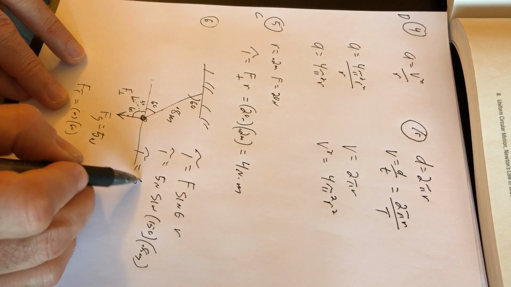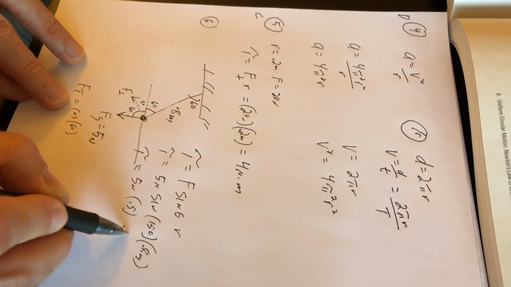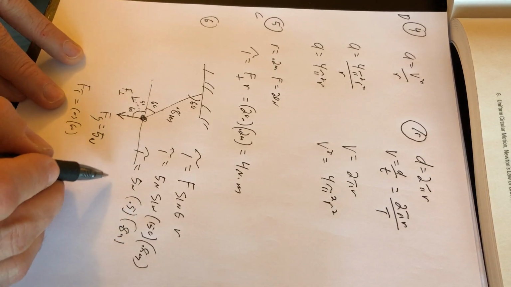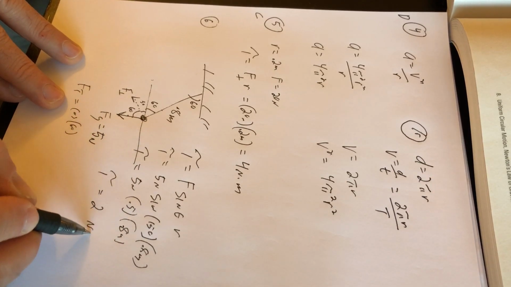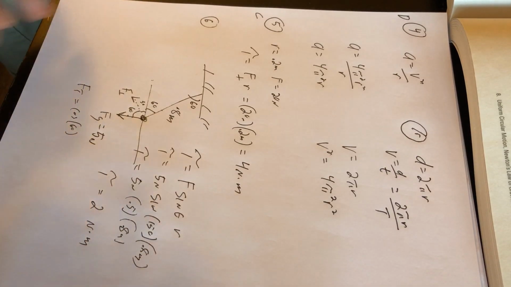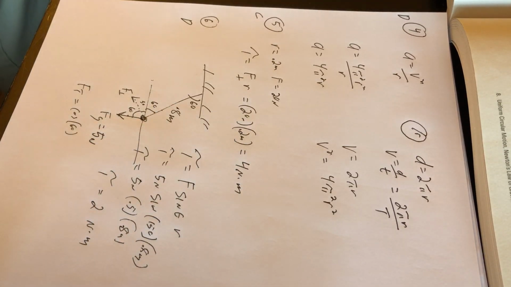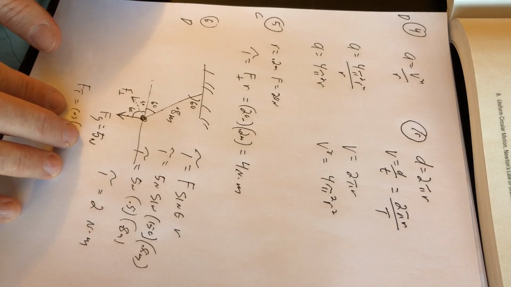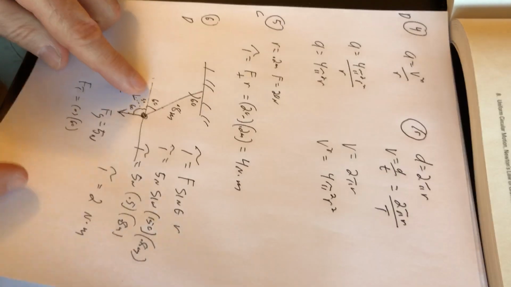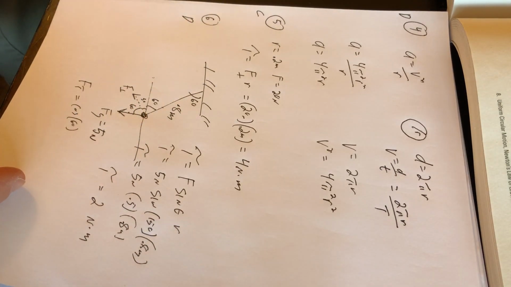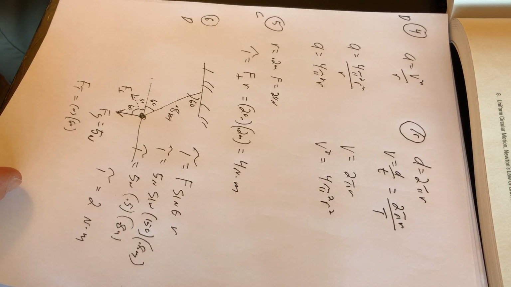And so this comes out to be 5 newtons times 0.5 times 0.8 meters. So this torque comes out to be 2 newton meters. And this is choice D for number 6. I think the hardest part about this one was trying to figure out which angle it is. But that's the idea there.